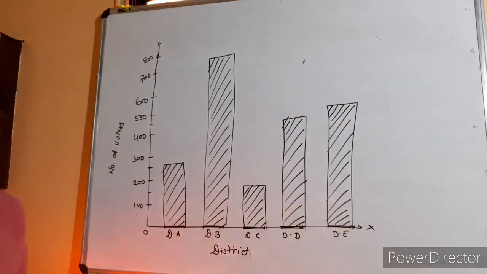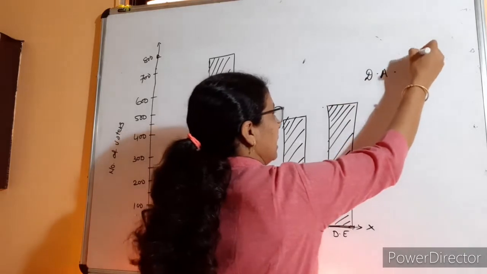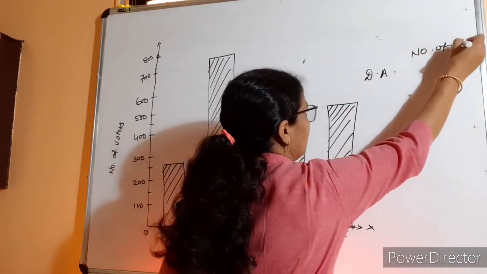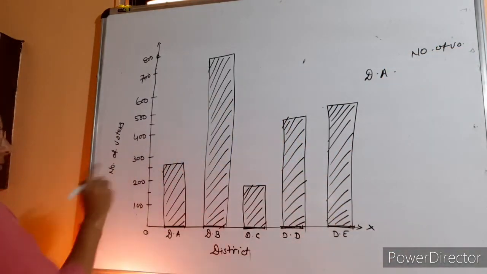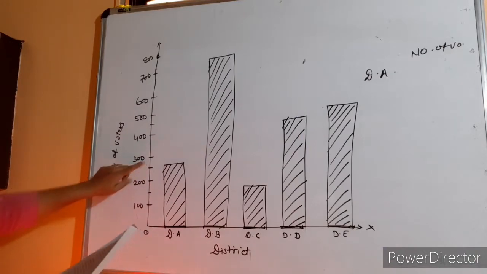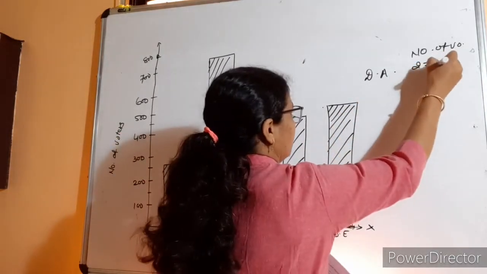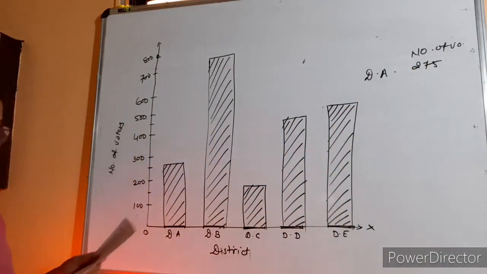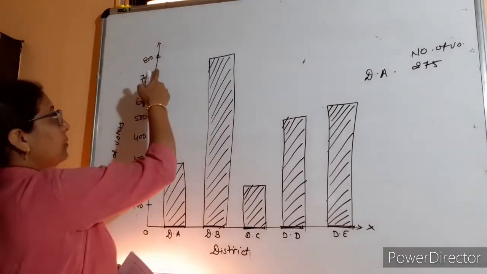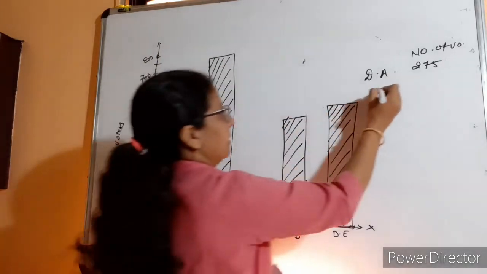So this is called the bar graph. Here is the information given from the bar graph is district A. The number of voters. This is, it is 250, above that is you can take 275. Between 250 and 300, so it is 275. District B, it is 725, it is above the 7, this is 750. So 725 is there.